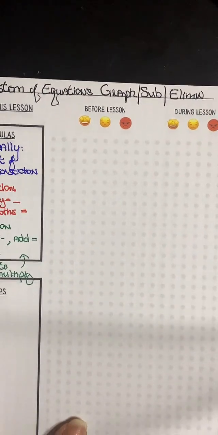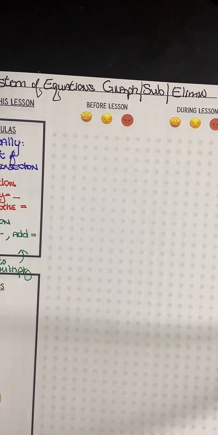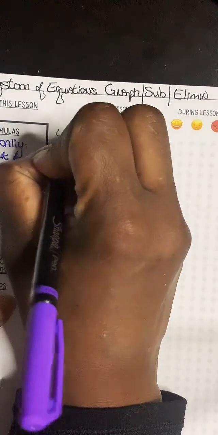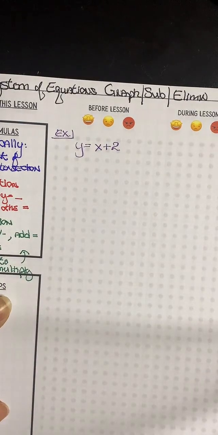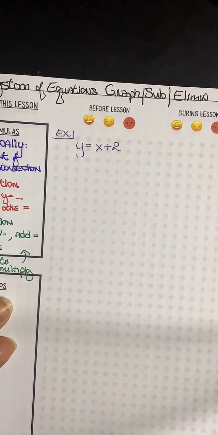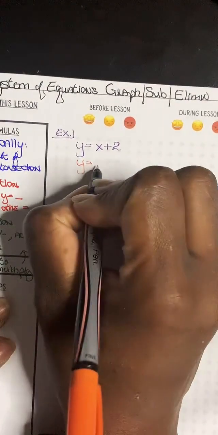Now, when we're looking at a system, let me slide this over and shrink it a lot. So let's work on our first example. We're looking at when y equals x plus 2, and we're going to look at when y equals, let's say, 3x minus 2.